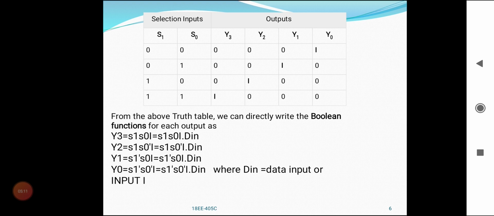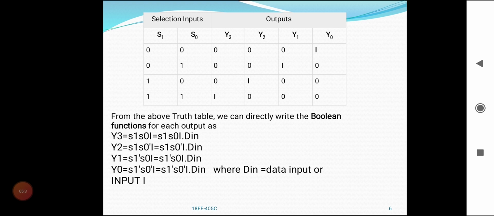From the above truth table, we can directly write the Boolean functions for each output. Y3 is equivalent to S1 S0 I, which is equivalent to S1 S0 D in. Y2 is equivalent to S1 S0 complement into I, which is equivalent to S1 S0 complement into D in.